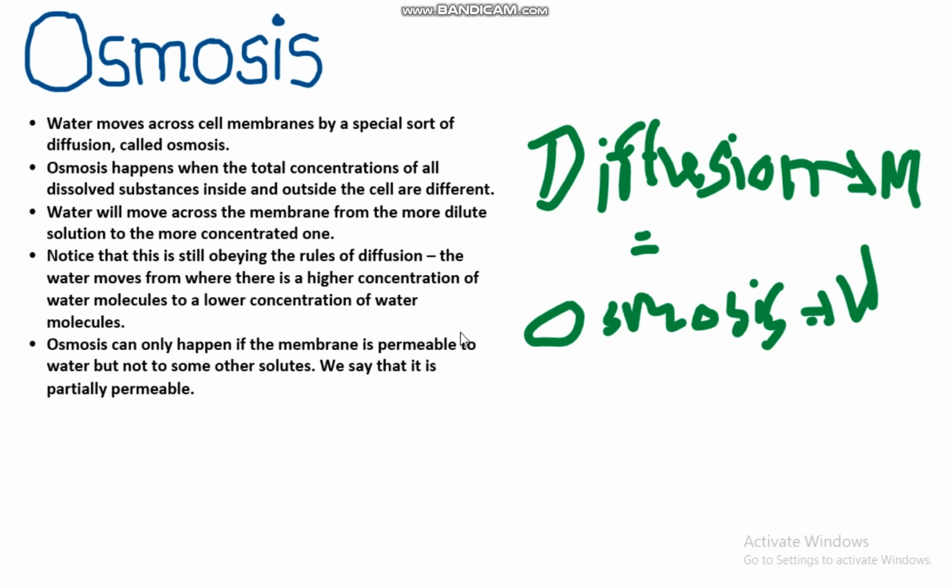Osmosis obeys the same rule as diffusion, so the same definition applies: osmosis only happens when water moves from a higher concentration of water molecules to a lower concentration of water molecules, which means it moves down a concentration gradient.